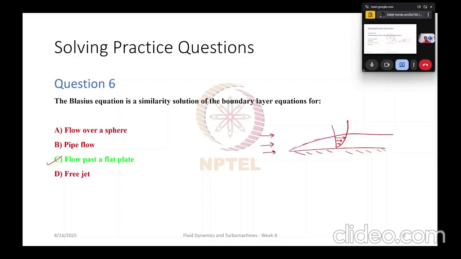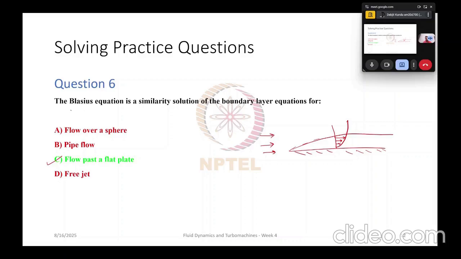So anyway, in order to know the gradients, we need to know what the velocity profile or the temperature profile actually is.